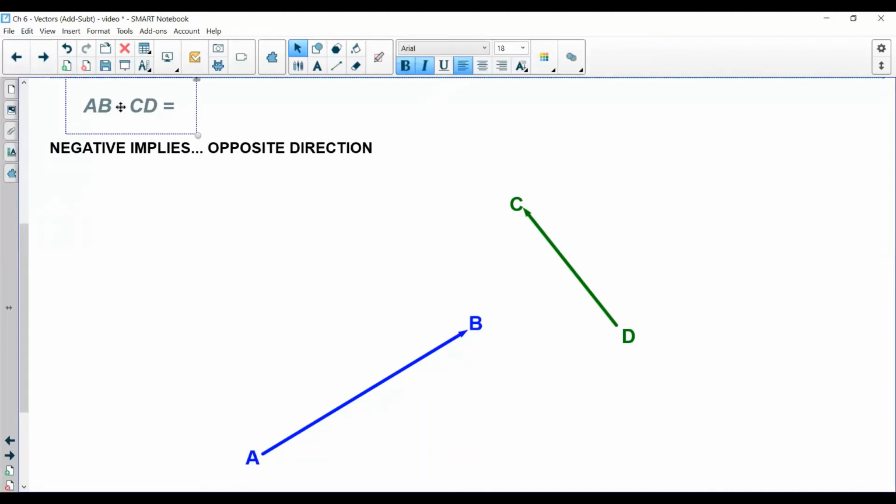So this algebra then becomes something I can manipulate. So how about if we said AB, but then the opposite of CD is DC. So instead of traveling from A to B and then going the opposite of CD, I can change that algebra to say I can travel from A to B and then I can travel from D to C in that direction.